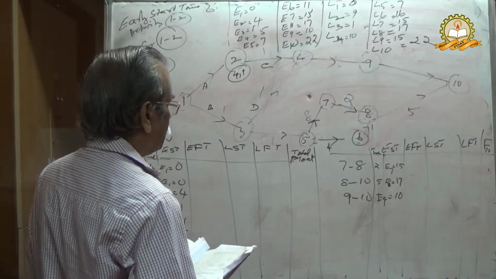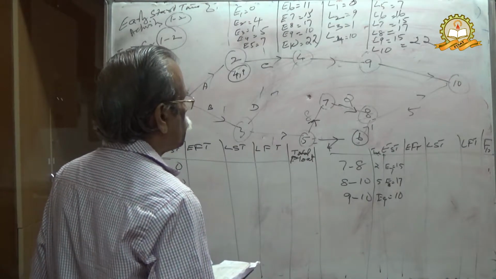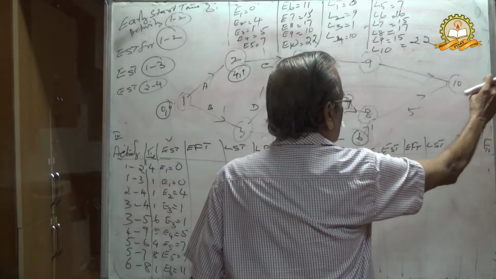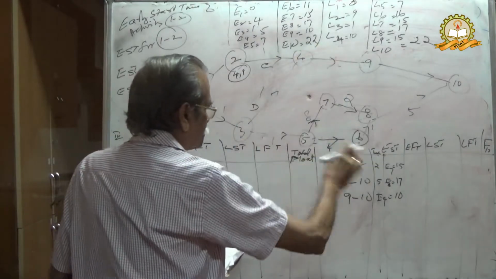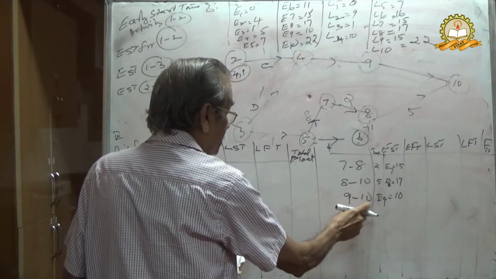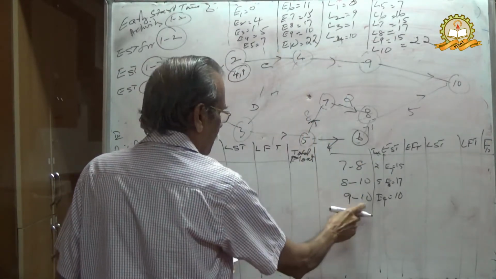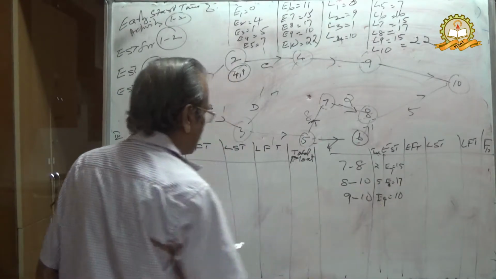E9 equal to 10. Then after this there is no activity. Therefore E10 is the end, and E10 is 22. Therefore here you have 9 to 10, and E9 equal to 10.